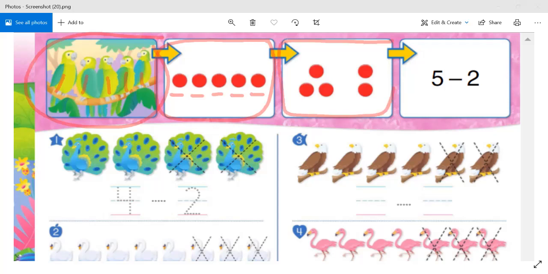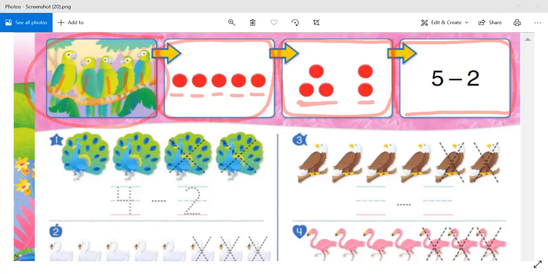Let's look at our third box. So how could you show that 2 of the parrots flew away? We could move 2 counters away from the group. So these 2 counters are moved away from the group. Let's look at our last box here. When we take away some from a group, we subtract.